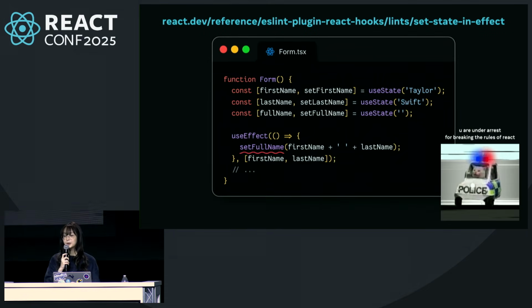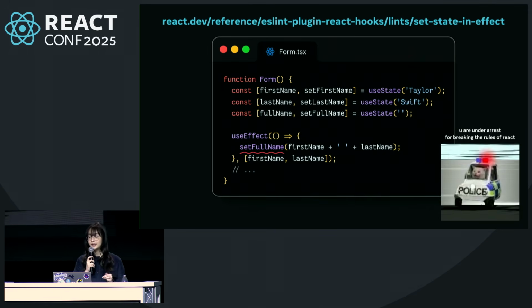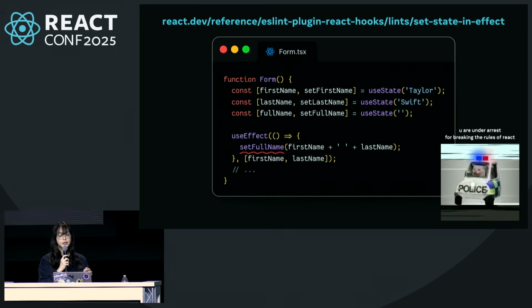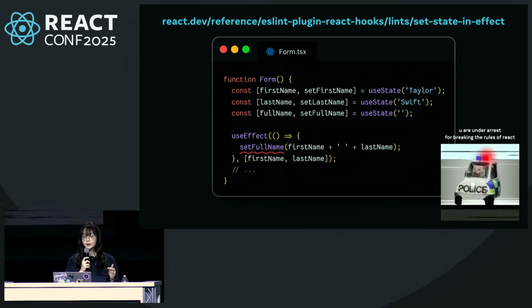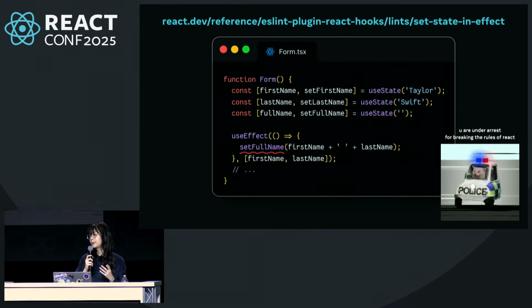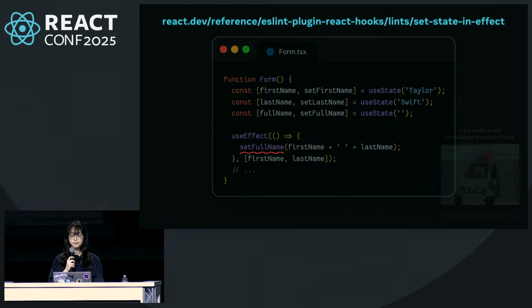Now, if you're not familiar with this pattern, the reason it's bad is because the effect runs after React commits the changes, and then it schedules another render through setState. And that's really, really inefficient. But the really great thing is that the compiler and the linter can detect cases like this and flag them to you ahead of time.